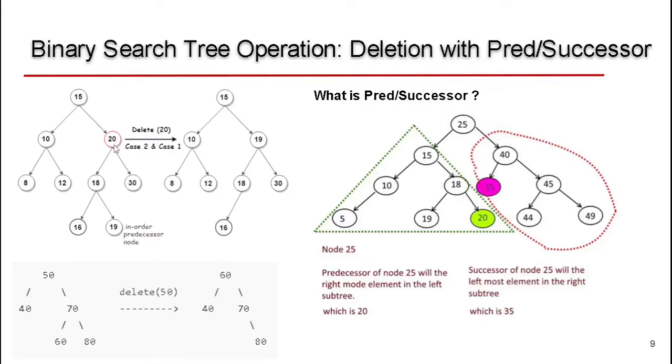If we want to use the predecessor instead of the successor, we go to the left and see which one is the biggest, which is 19, correct? So we bring 19 here and delete the original place. So 19 will be in the place of 20. So you have two options.